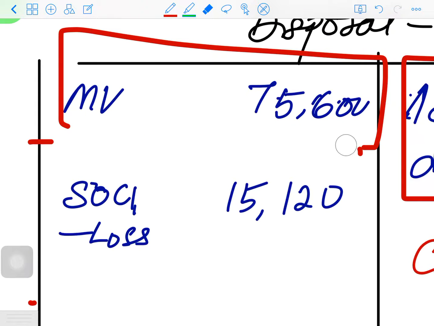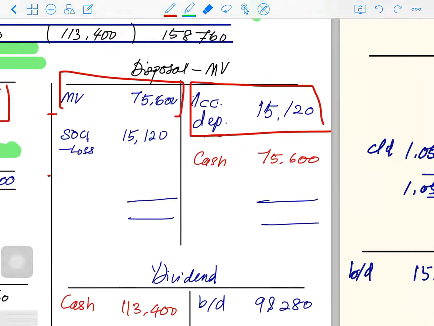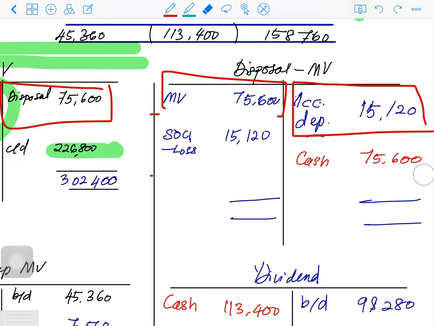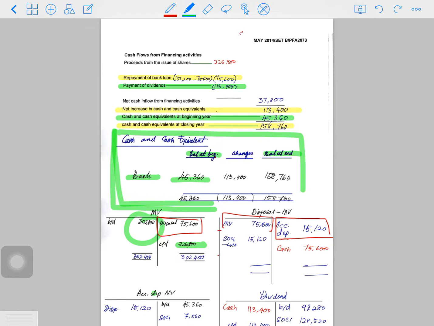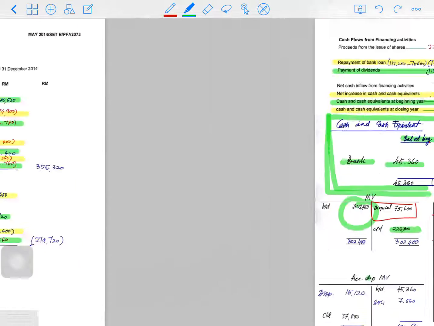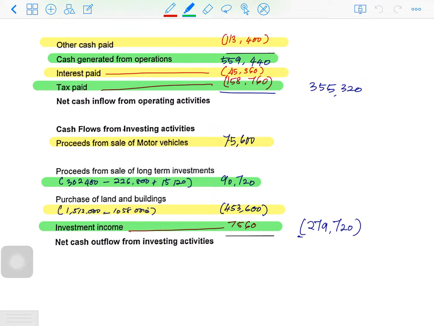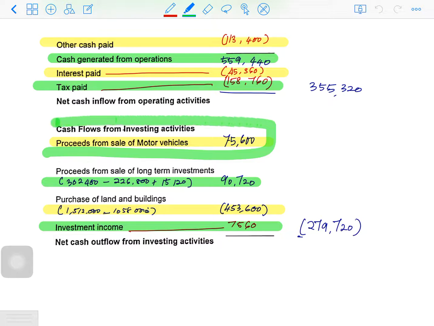So that means you can proceed. The balancing figure that you have here is 75,600. That represents the proceeds you receive from the sale of motor vehicle. This is the amount that you enter into your cash flow, under cash flow from investing activities: proceeds from sale of motor vehicle.